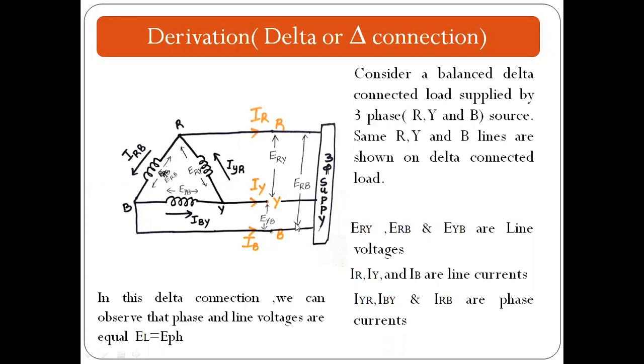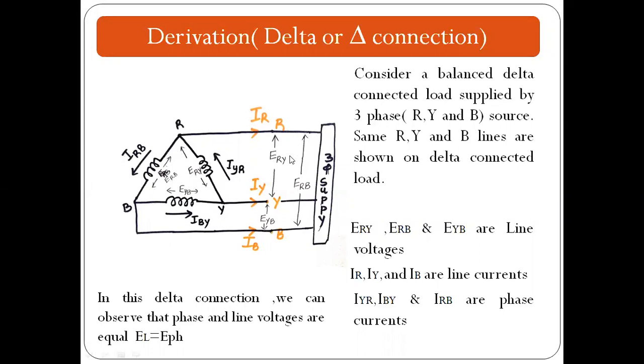Between the R to B line, what is the line voltage? It is ERB. Between R and B, we have the phase voltage ERB. Both are equal. We can observe the other voltages also, and both are the same.